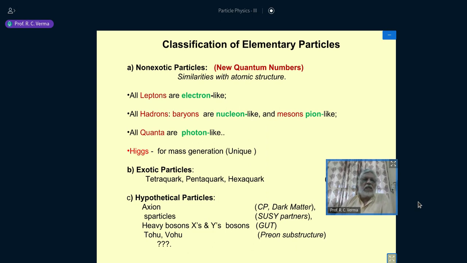And all quanta, that is photon, W's, and gluons, their behavior is quite similar to photon. And you know that photon is basically described by quantum electrodynamics, which is nothing but the quantum version of Maxwellian classical electrodynamics. And there, the charged particles, like electrons, behave as the source of the electromagnetic field.